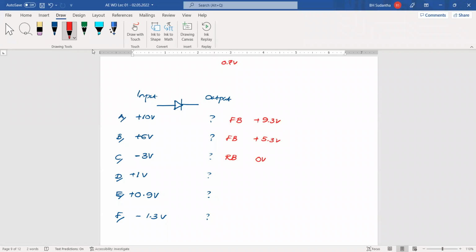Here, 1 volt, this is a forward biased diode, and 0.7 will be dropped. Then plus 0.3 volts will be there. Here, this is a forward biased diode, and 0.7 will be used to break the depletion layer. Then after that, 0.2 volt will be there. This is reverse biased, and this side you can take 0 volts.